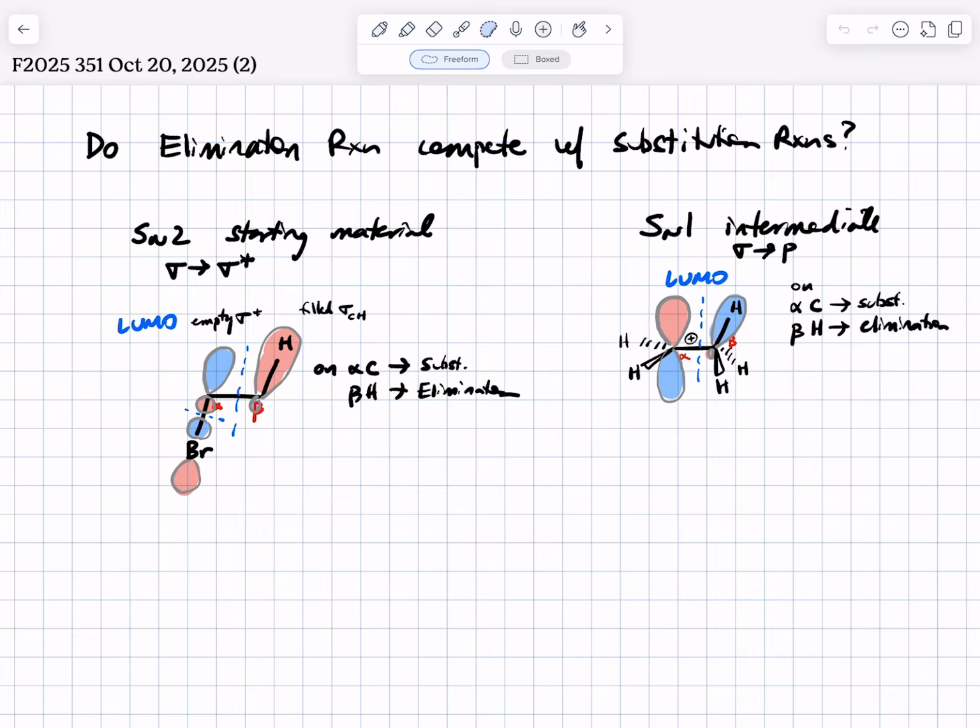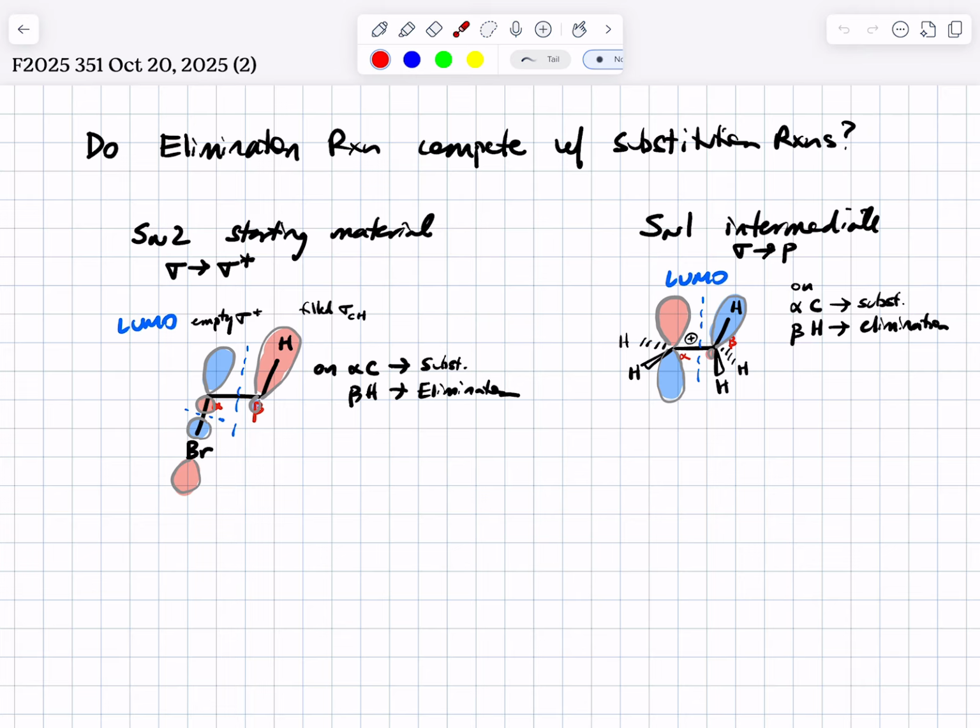All right, so we're going to deal with elimination reactions. We're starting in on chapter 8 today. And I tried to set this up last time by showing you the consequences of hyperconjugation, both in the starting material for an SN2 reaction, which is the molecule with the leaving group, and the intermediate for the SN1 reaction, which is a carbocation.